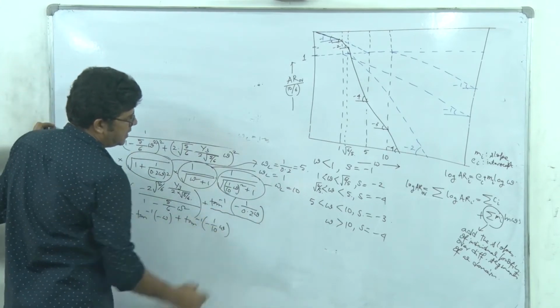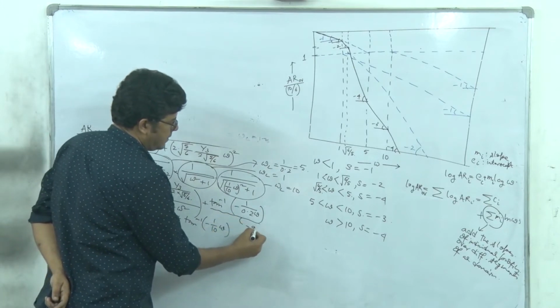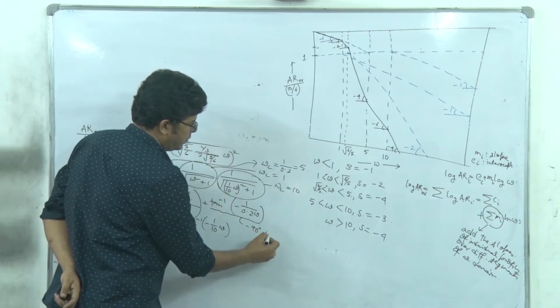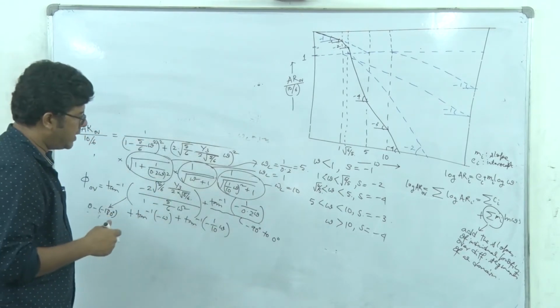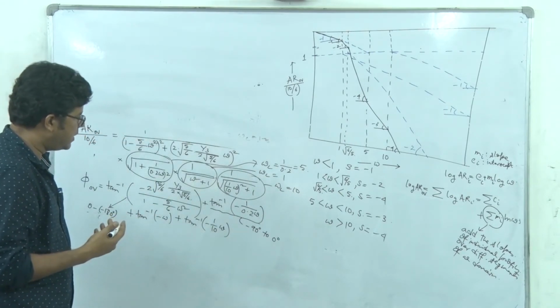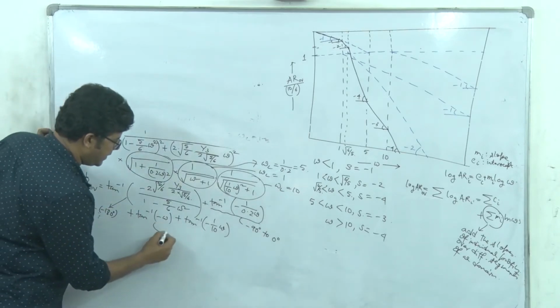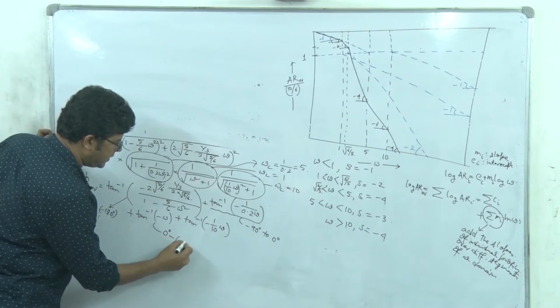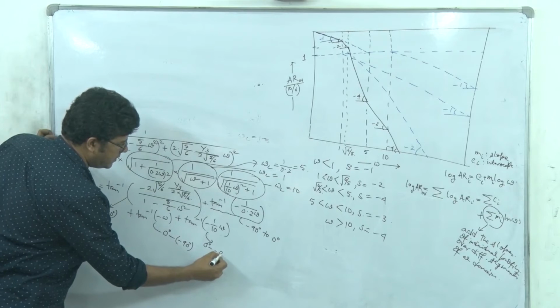This PD controller, it varies from minus 90 to 0, correct? Minus 90 when omega tends to 0, right? And 0 when omega tends to infinity. This varies from 0 to minus 90, and this is also from 0 to minus 90.